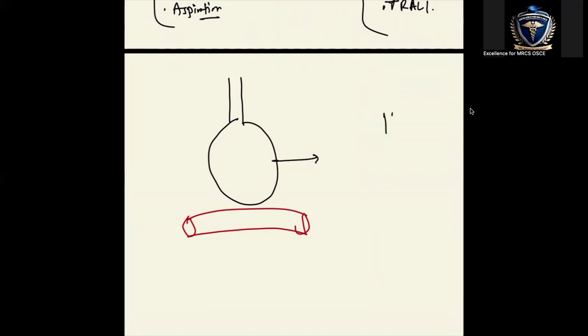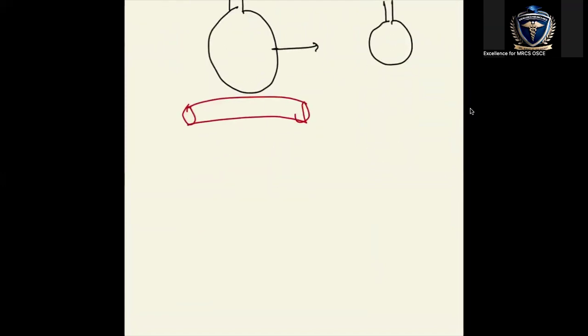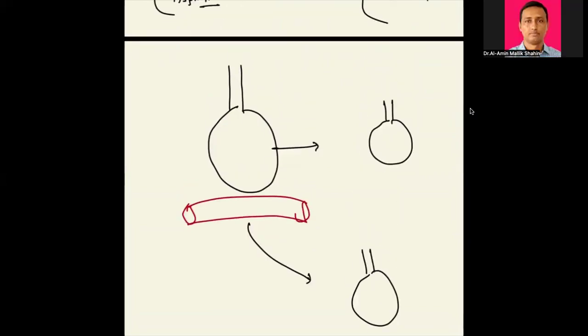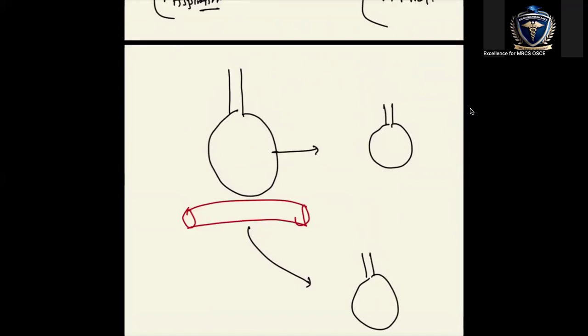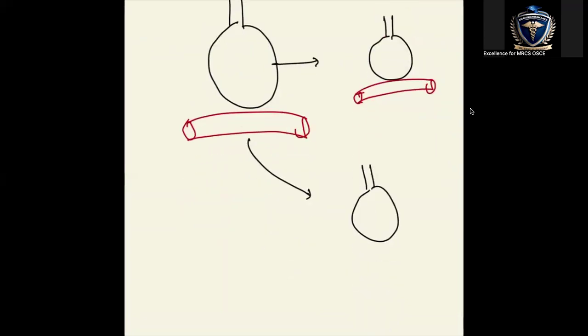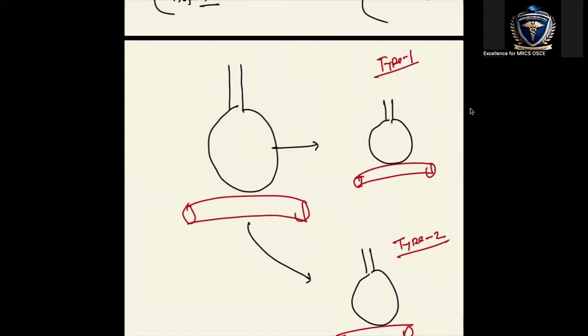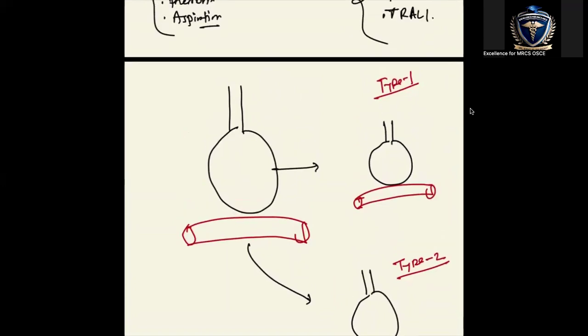One is type 1 pneumocyte, and another one is type 2 pneumocyte. So two types of pneumocytes are present in the lung. This one is type 1 and this one is type 2. What is the role of the type 1 pneumocyte? The role of the type 1 pneumocyte is gas exchange.